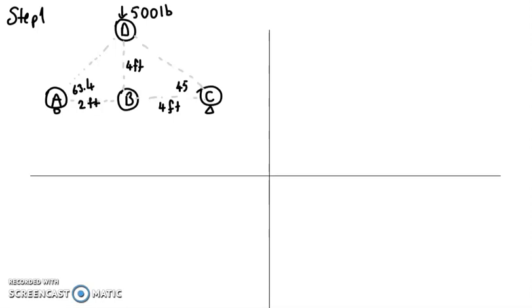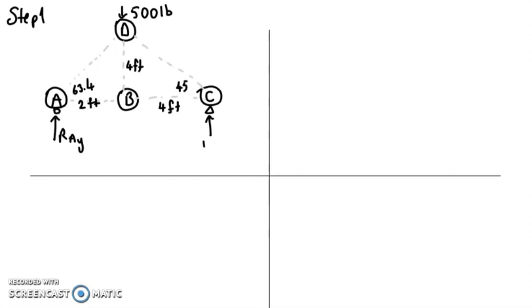Remember, if there is a roller, there is one reaction force, and I can show it like that: R_A, the reaction force at point A in the y direction. If there is a pin support, there are two reaction forces.